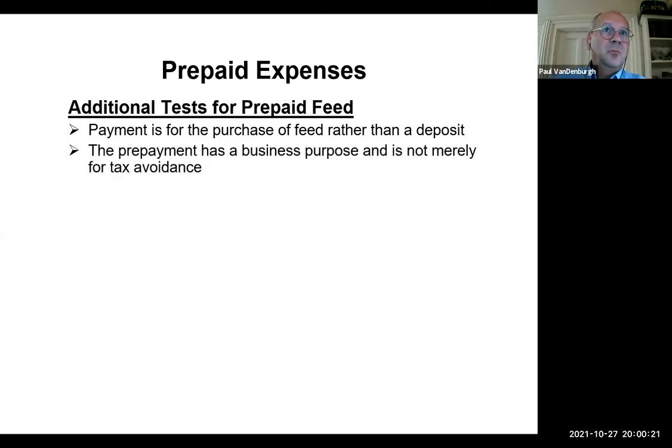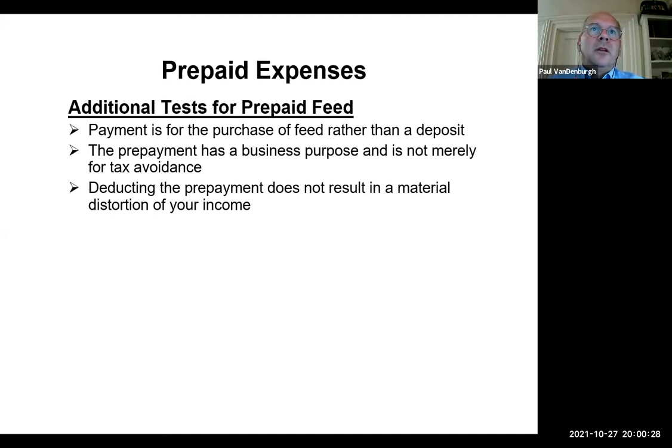There has to be a business purpose. It's not merely for tax avoidance. The prepayment does not, in this quote, materially distort the income. Don't write the rules. I just gotta educate people about the rules. And there's other facts and circumstances.